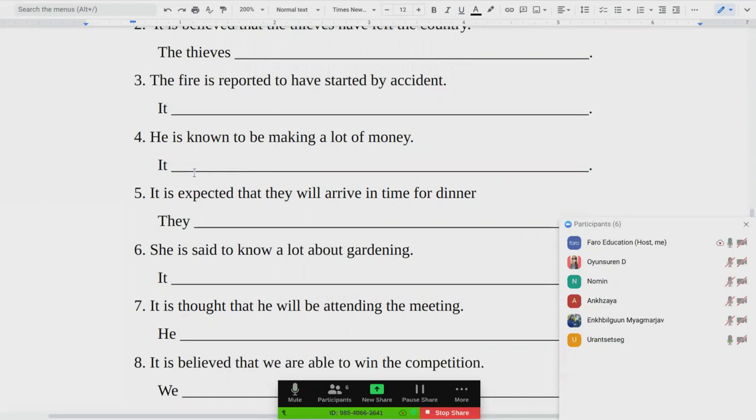4. He is known to be making a lot of money.